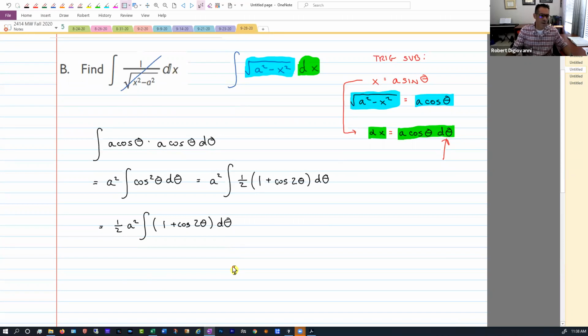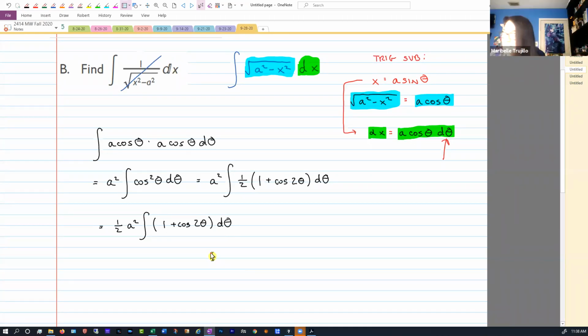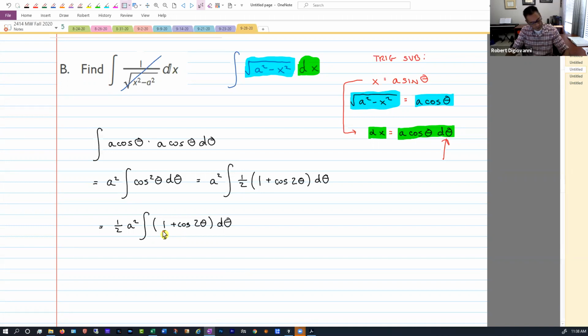Are you following so far everything we've done? Yeah, I could give it a try. Okay, don't overthink it. You can do these piece by piece because there's addition between them, right? So the antiderivative of 1 would be theta. Okay, so let me write this down.